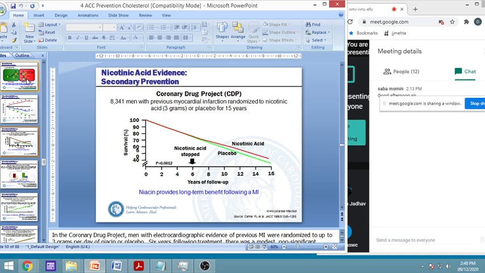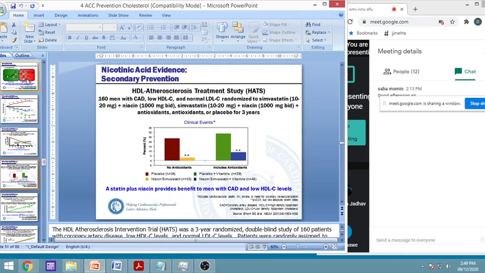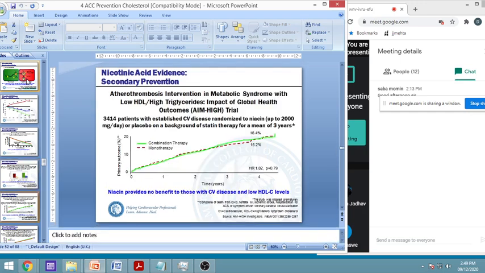So this is how it is helpful. Then in secondary prevention, it is given along with some other drug: statin plus niacin provides benefit to men with coronary artery disease, and to those who have low HDL-C levels. In that it is beneficial, it is helping much.